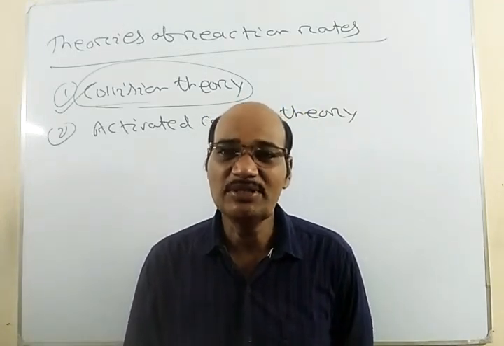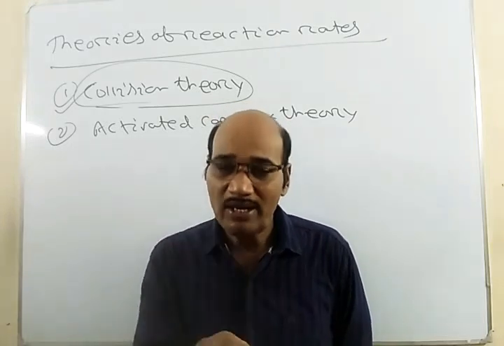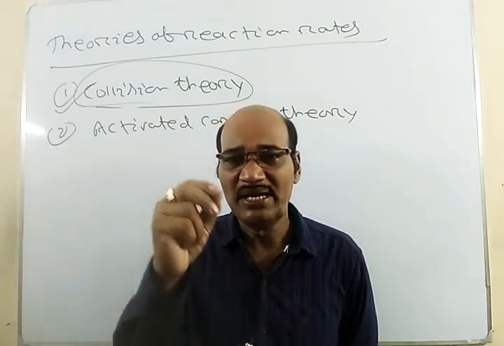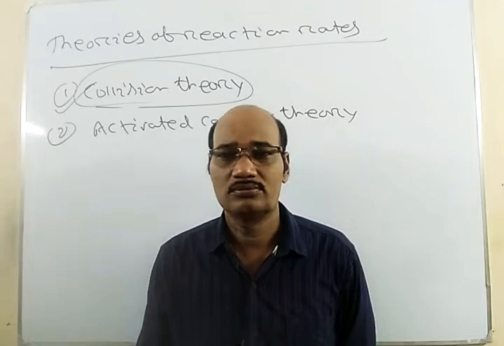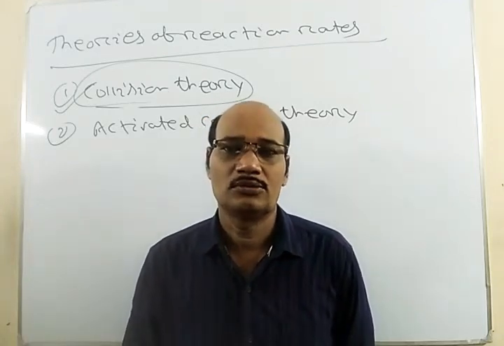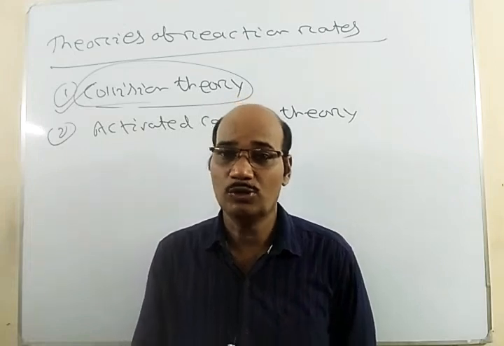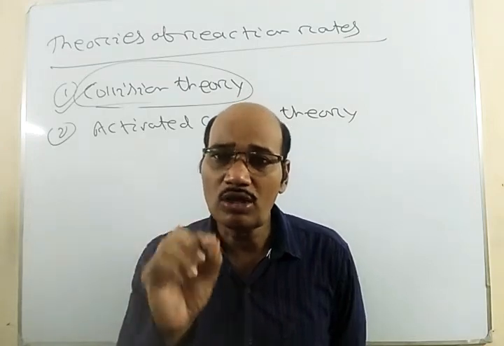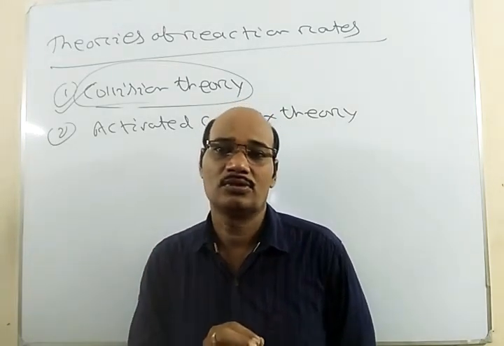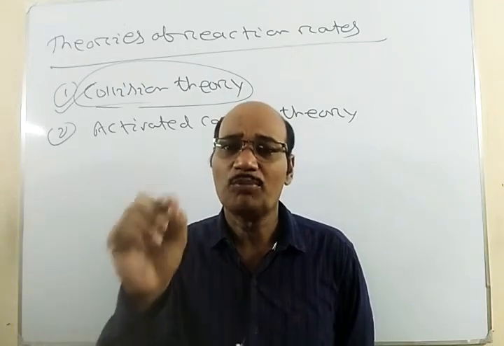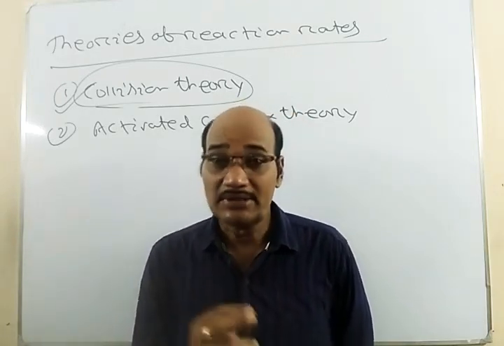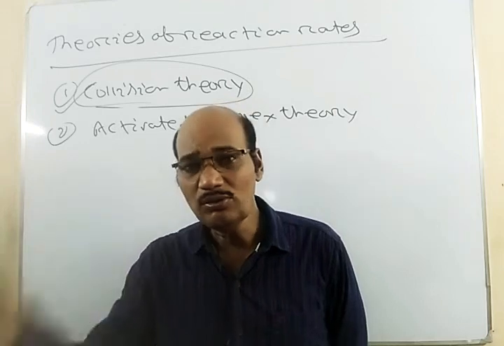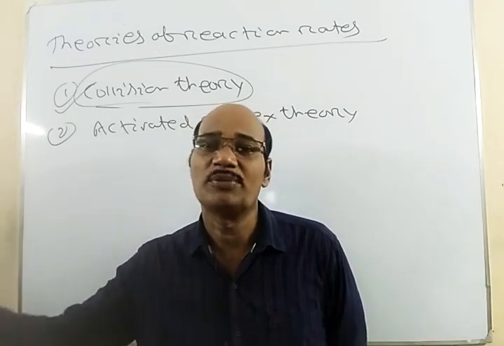So when the colliding molecules have the certain minimum energy or more than that, called the threshold energy, and the molecules are properly oriented, then if the molecules collide, the collisions will become effective, and that will lead towards the formation of the products.